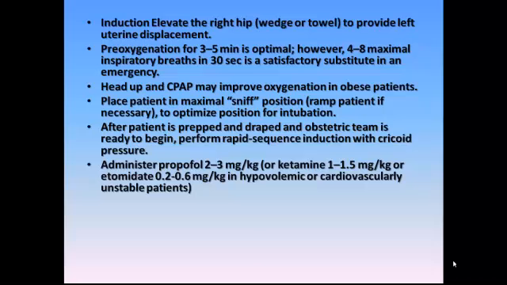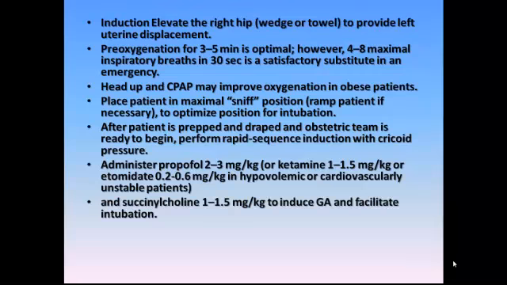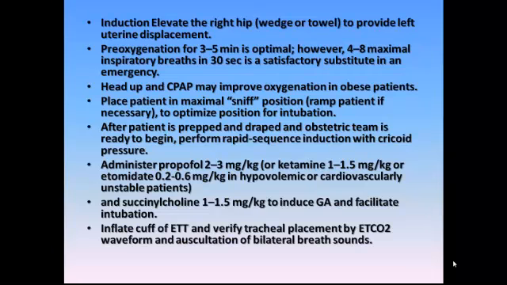How can we do that? Administer propofol 2 to 3 milligram per kilogram, or ketamine 1 to 1.5 milligram per kilogram, or etomidate 0.2 to 0.6 milligram per kilogram, these last two in hypovolemic or cardiovascularly unstable patients. Then succinylcholine 1 to 1.5 milligram per kilogram to induce general anesthesia and facilitate intubation.